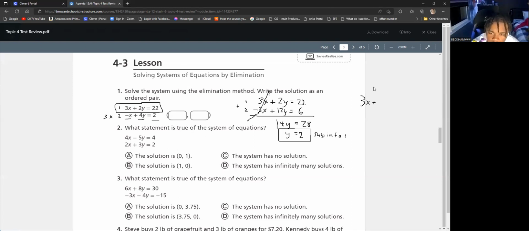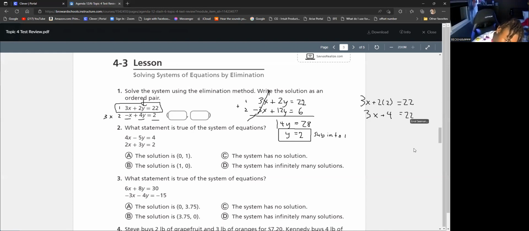What's on the inside of the parentheses? See this right here? Is it the 2? Yeah, 2 times 2 equals 22. Okay. So 3x is just 3x. 2 times 2 is 4, right? 3x plus 4 equals 22.